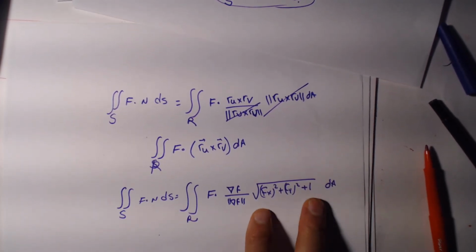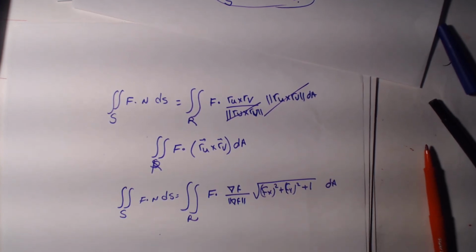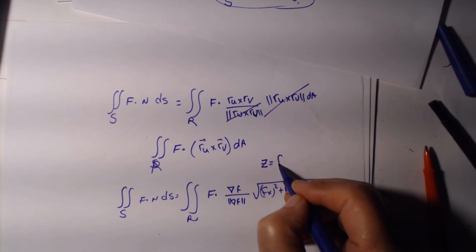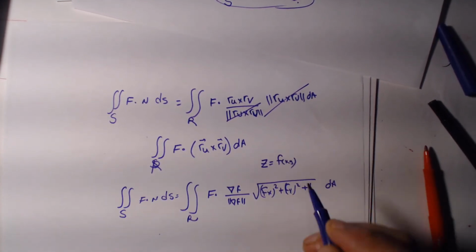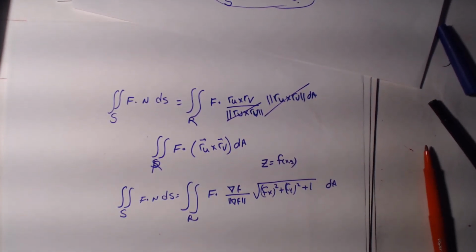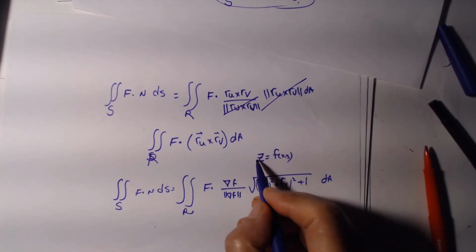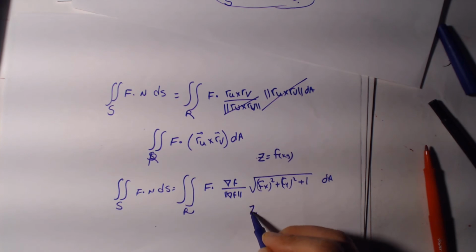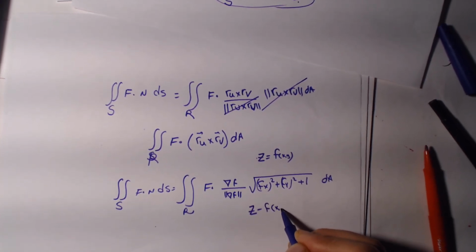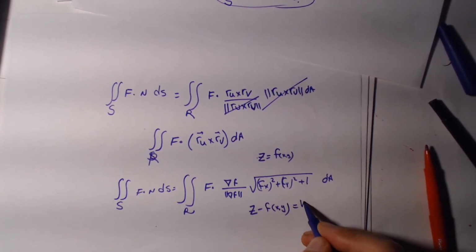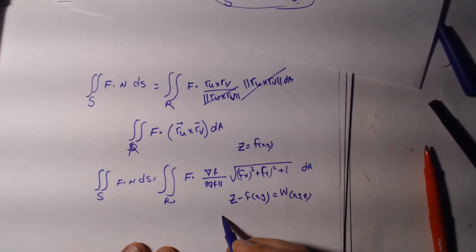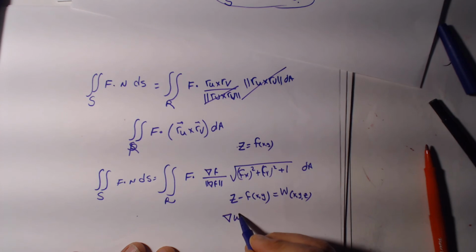But somebody said, what is this? This is your z, which is a function of x and y. If they ask you for flux out, you want to make sure that z is positive, and you write z minus f of xy equal to some function w of x, y, z.